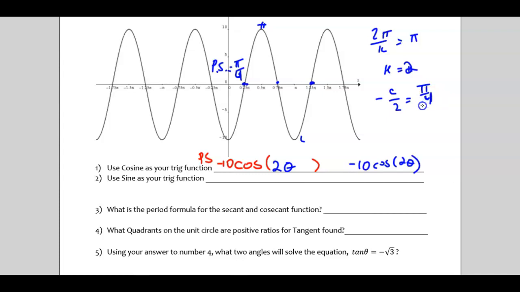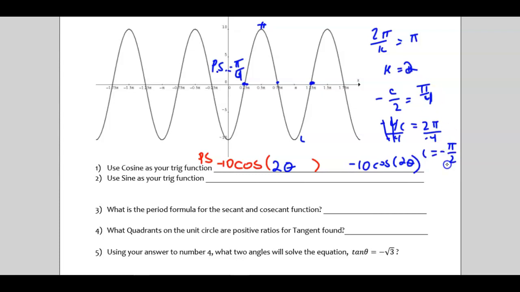Now we can cross multiply this, so you get negative 4c equals 2 pi. Then I divide by negative 4 on both sides, and I get c equals 2 over negative 4, which is negative 1/2 pi, negative pi half. So that's c. So I have k, I have c.